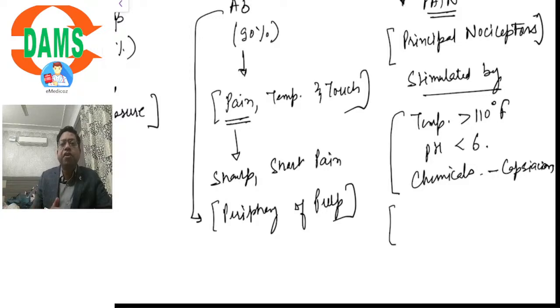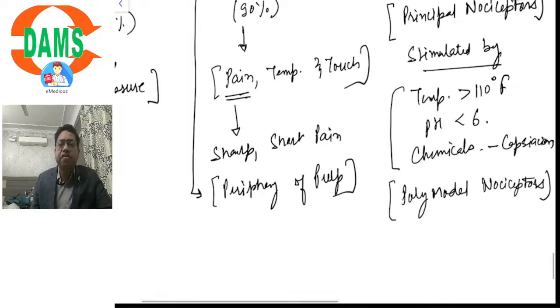and they can be stimulated by different mechanisms like temperature, pH, chemicals, they are also called polymodal nociceptors. What are nociceptors? Fibers that carry the sensation of pain, and polymodal means there are different modes for the stimulation of these C fibers.